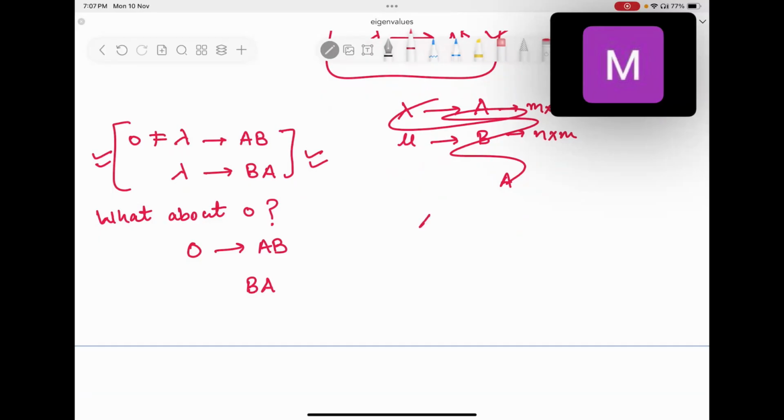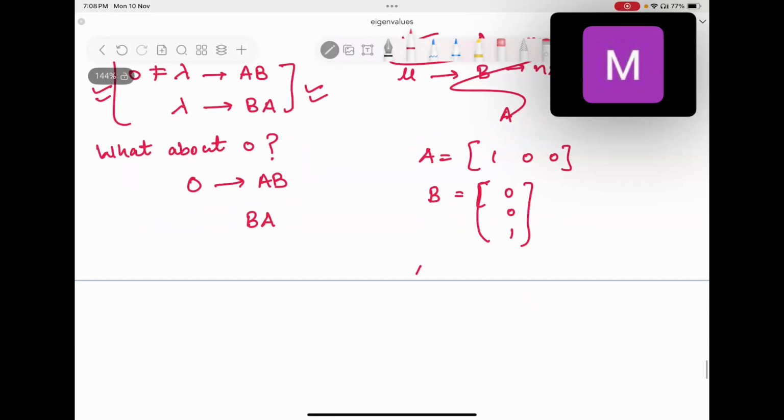Okay, you just take matrix A equals (1 0 0) and B equals (0 0 1) transposed. Now what will be AB? This is 1 cross 3, this is 3 cross 1.